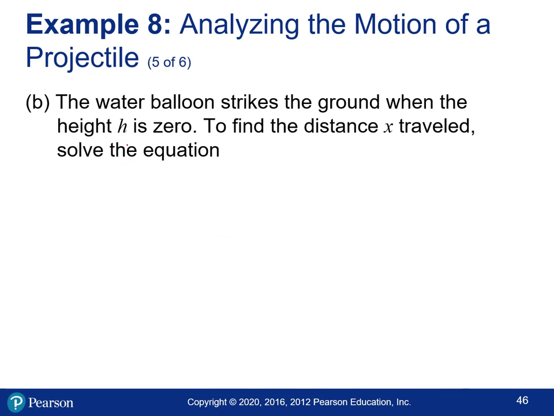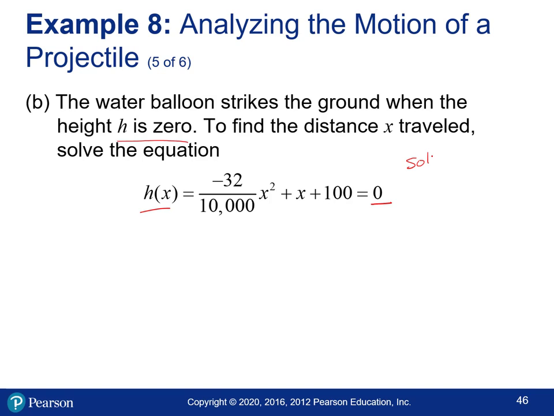And then part B: the water balloon hits the ground, like we said, when the height is 0. And x was our distance, so we set the height equal to 0 and solve this quadratic equation for x. We did this in the last video, but you have some options.